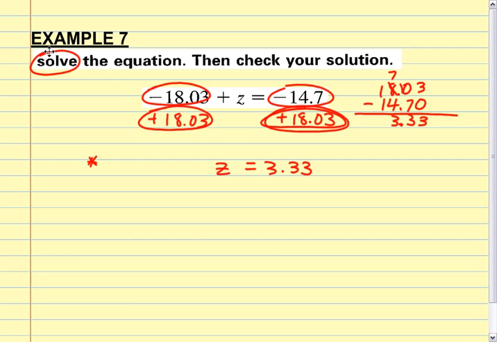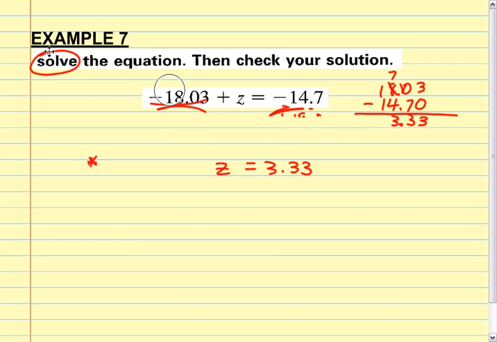Now, Casey, let's check it, okay? I'm going to rewrite the original equation, except instead of having the z there, I'm going to put parentheses in its place, okay? So now I've got negative 18.3 plus parentheses equals negative 14.7.